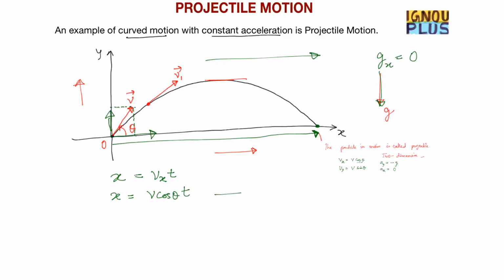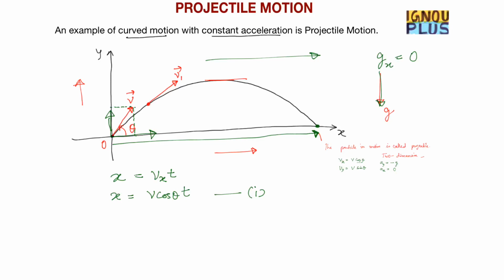So this is our first equation. This says the distance that the projectile attains towards the x direction. This distance is also called the range of the projectile, which we will come to know.